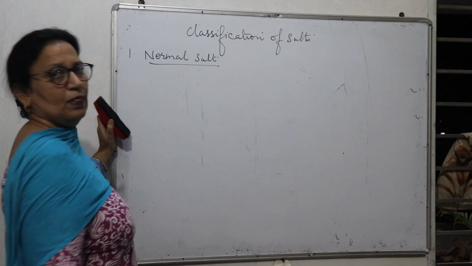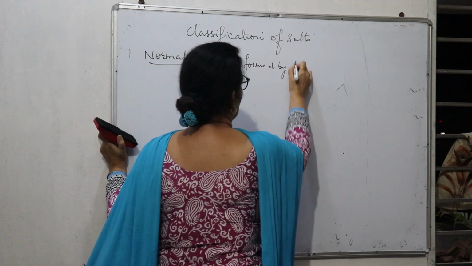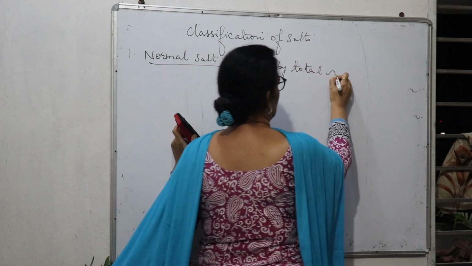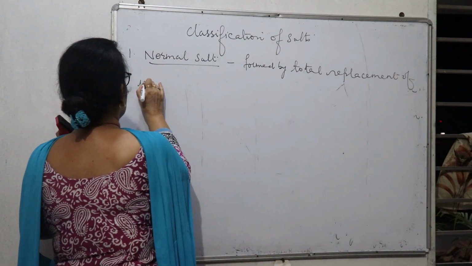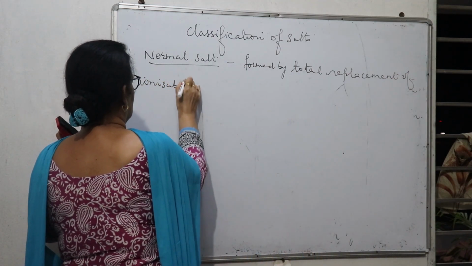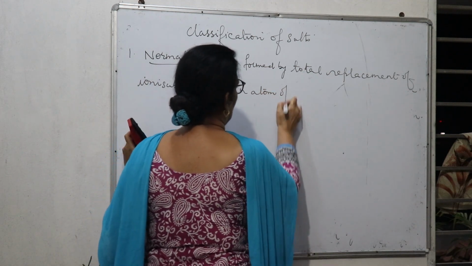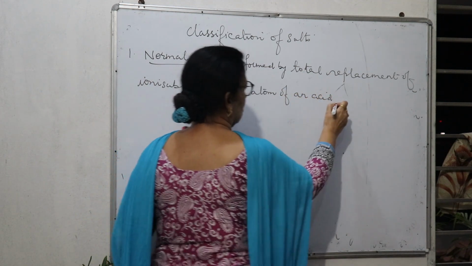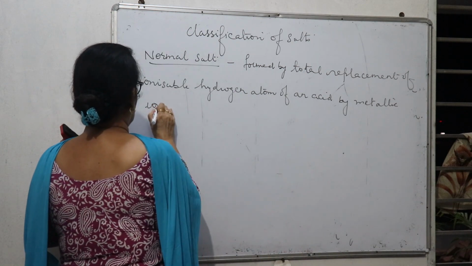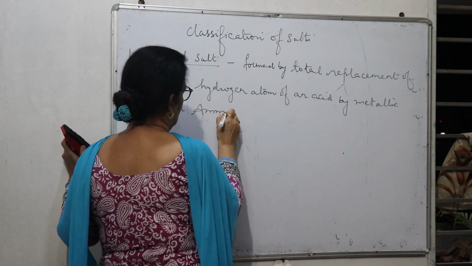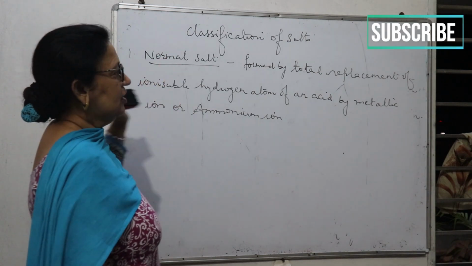Normal salt is formed by total replacement of ionizable hydrogen atom of an acid by metallic ion or ammonium ion.